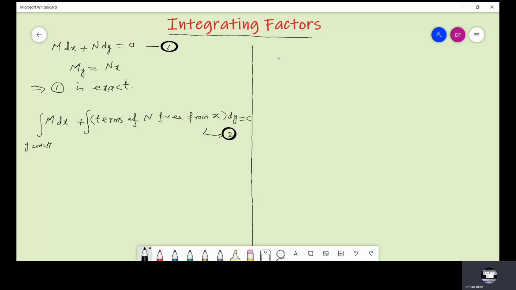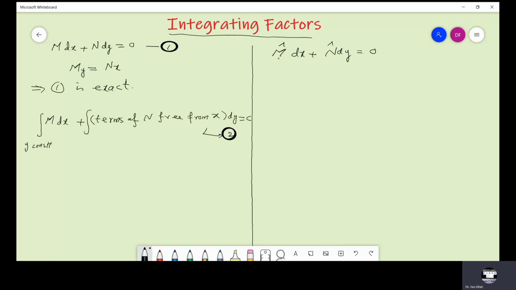Now look once again. If I have a differential equation M dx plus N dy, the coefficient of dx is called M, and the coefficient of dy is called N. Let us change it to M cap and N cap.